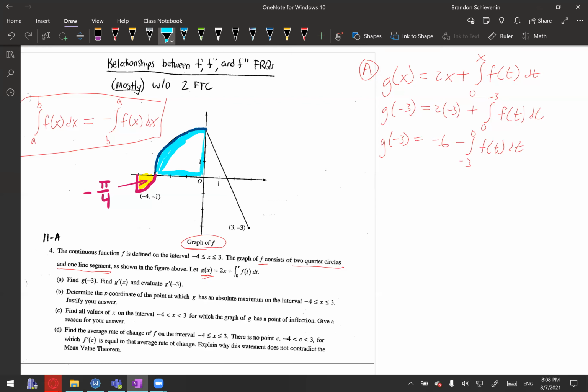9/4 pi. Perfect. So we have a radius of 3 this time instead of 1. So our area of the entire circle that's not shown, so that would be all of this space, would be 9 pi, and then 1/4 of that is 9 pi/4.